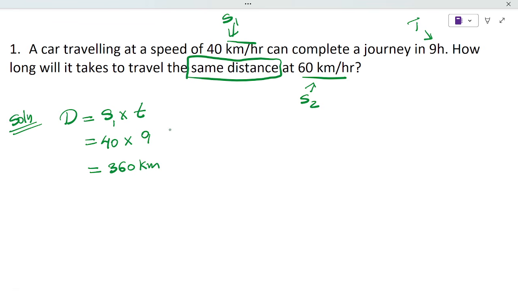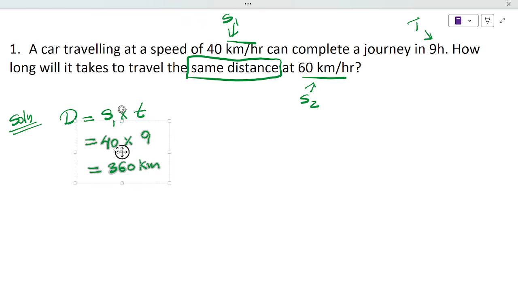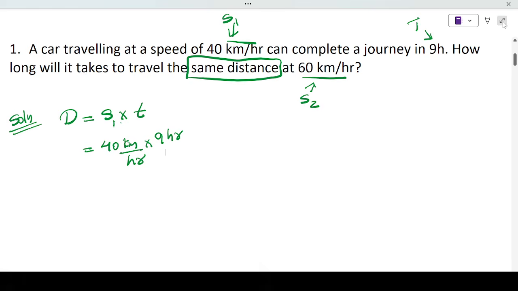Now you might be wondering again, how do we cancel the units, right? Let me just explain for this question. In terms of speed, we have kilometer per hour. So we have 40 kilometer per hour into 9 hours.